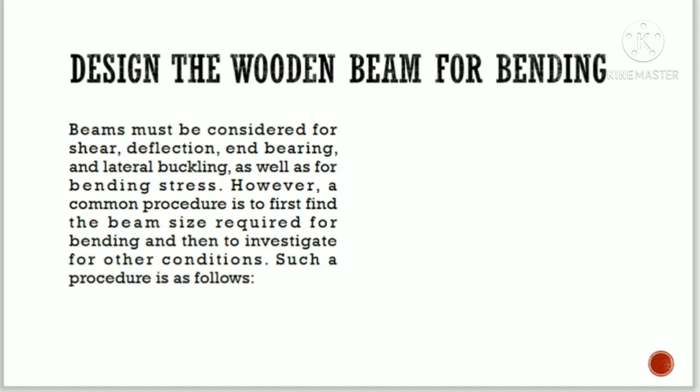Beams must be considered for shear, deflection, end bearing, and lateral buckling, as well as for bending stress. However, the common procedure is to first find the beam size required for bending and then to investigate the other conditions. Such a procedure is as follows.